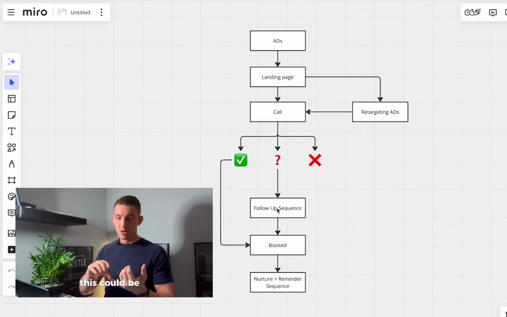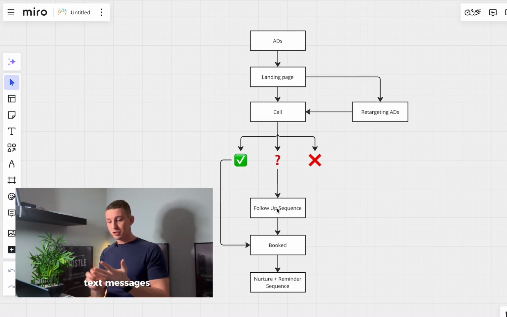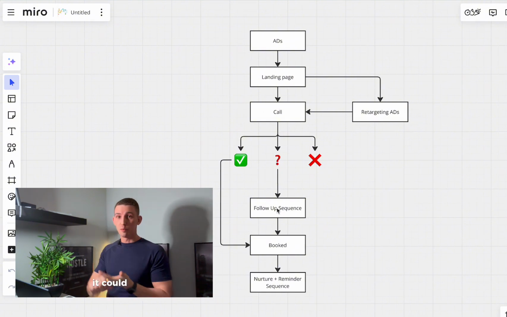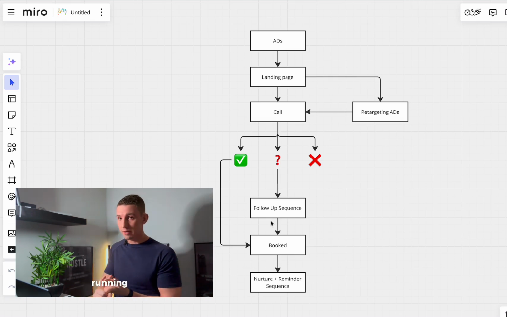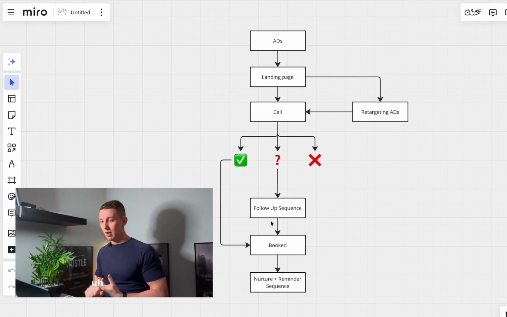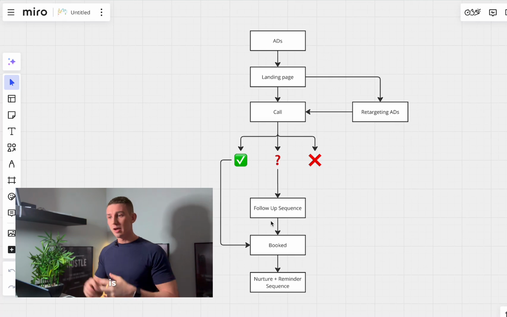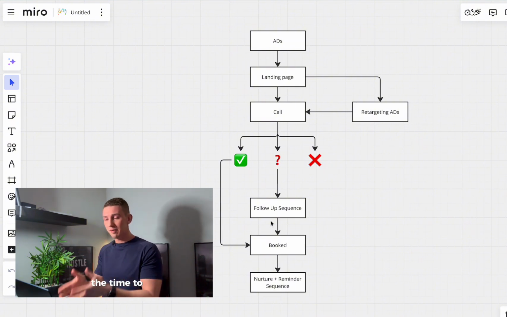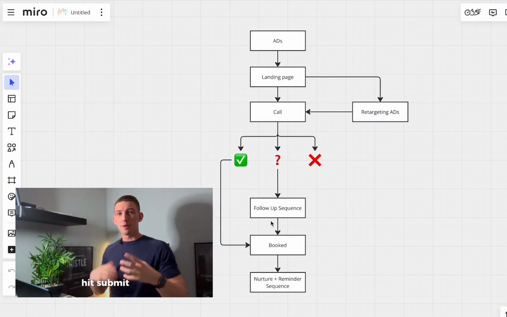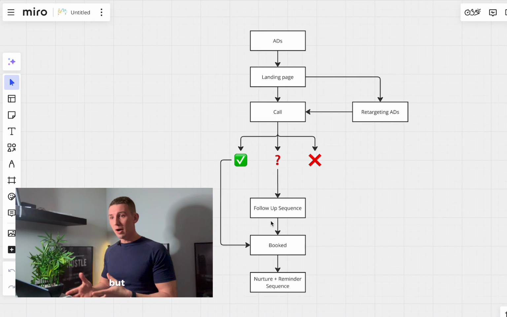Now, this could be SMS, so like text messages, it could be email, it could be WhatsApp, it could be a number of things. But we typically will have an SMS follow-up running and an email follow-up running. Basically, what that means is if someone has shown interest, they've gone to a landing page, they've educated themselves, which means they're probably qualified, they've taken the time to fill in their details, hit submit, they probably want the thing you're selling, but I've just not booked in or haven't had opportunity to book in, or maybe we can't talk to them.